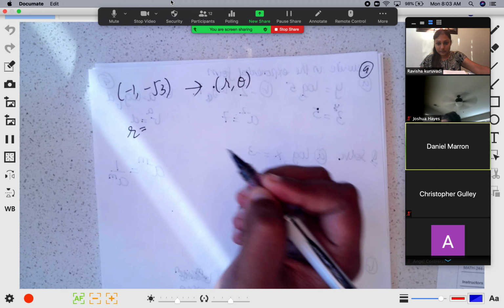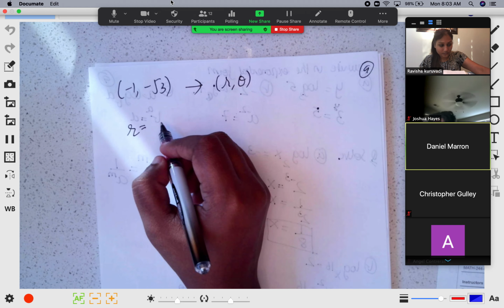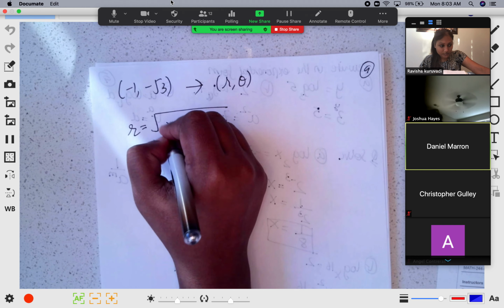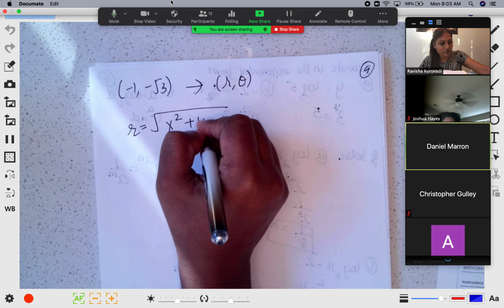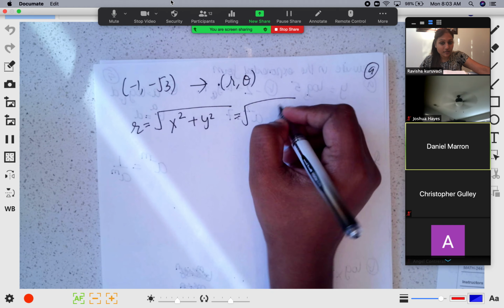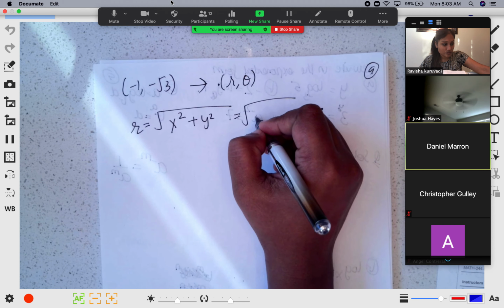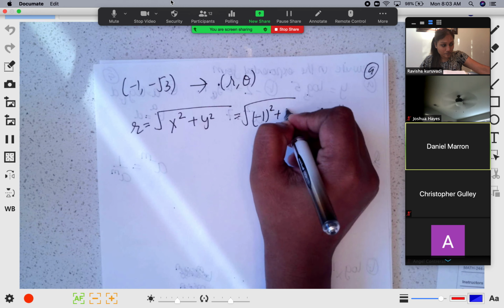So your r will be r equals square root of x squared plus y squared, which is equal to the square root of negative 1 squared, then negative square root of 3 squared.